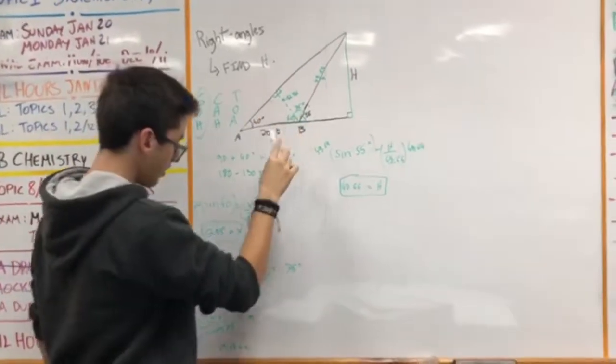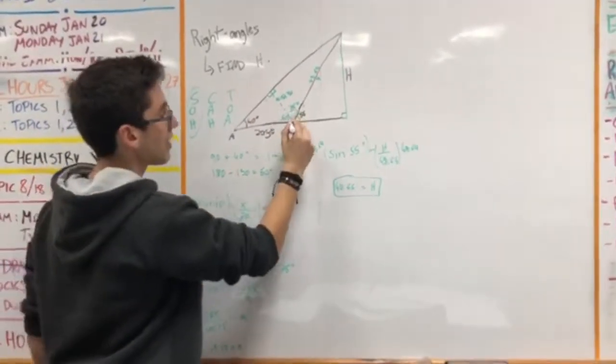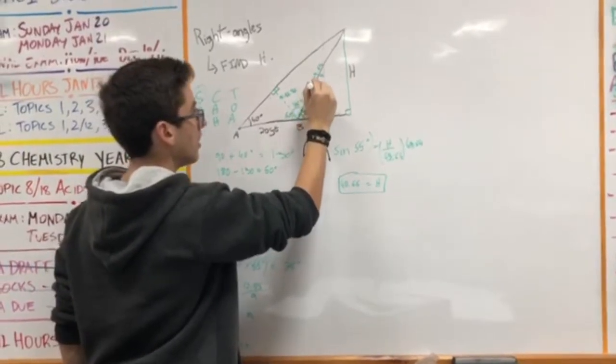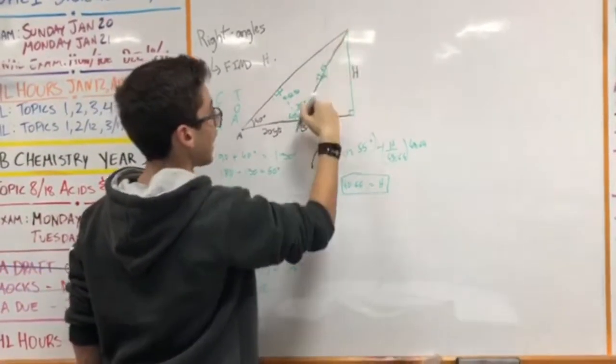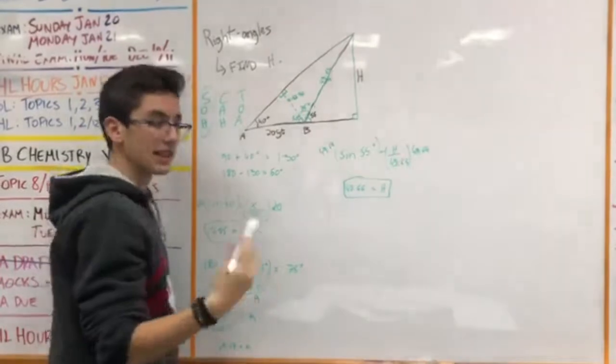Then from there, you want to try and find this angle, A. Finding A is going to help you find H, which you'll see later.